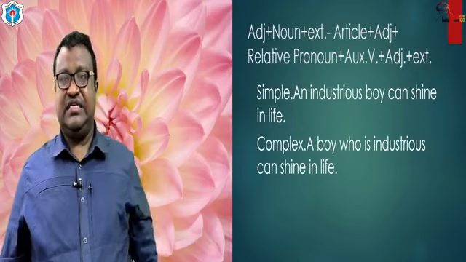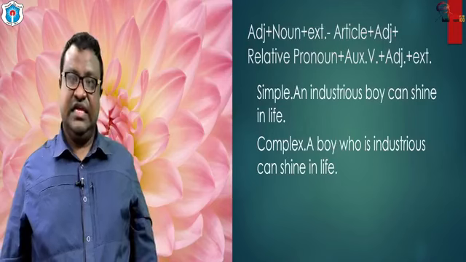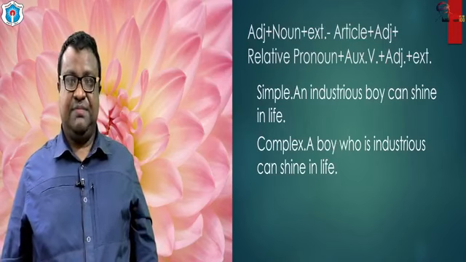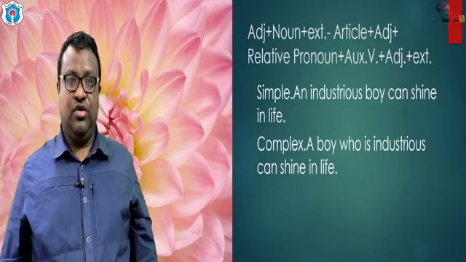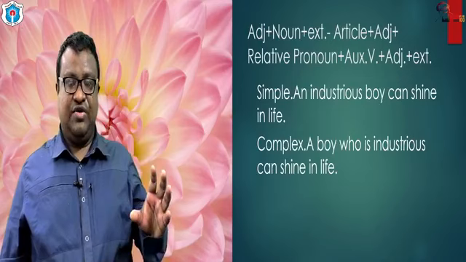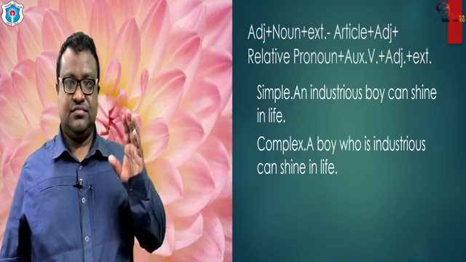Now here we are using at first the article, then the noun, the people, then who are poor. So who are, the relative pronoun is who, and then we are using the auxiliary verb are.